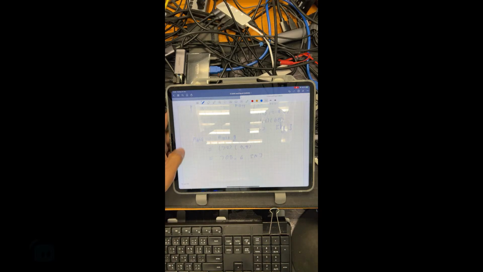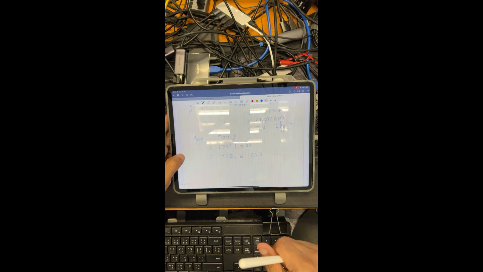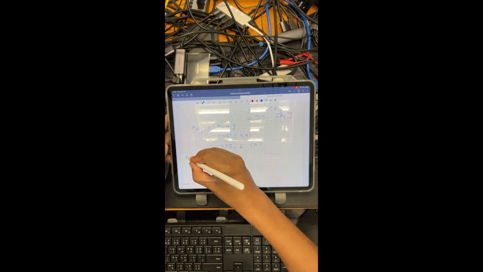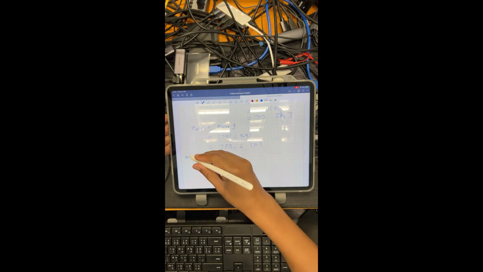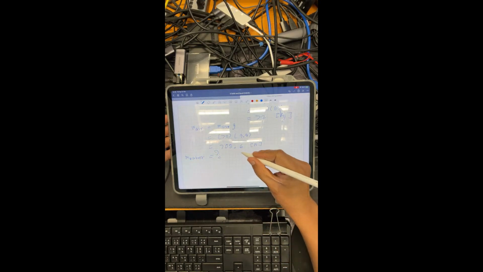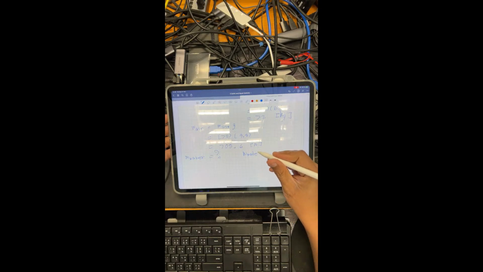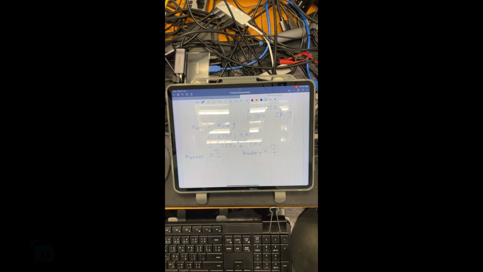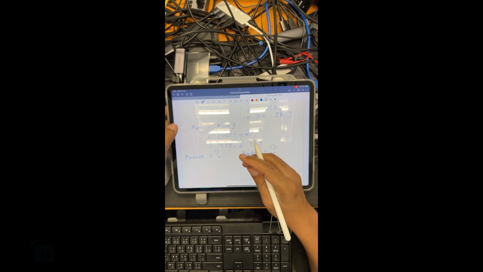The next thing is to compute the mass of the water if we fill that room with water. Mass of water in that room, what is that? And the weight of water if we fill that room with water.